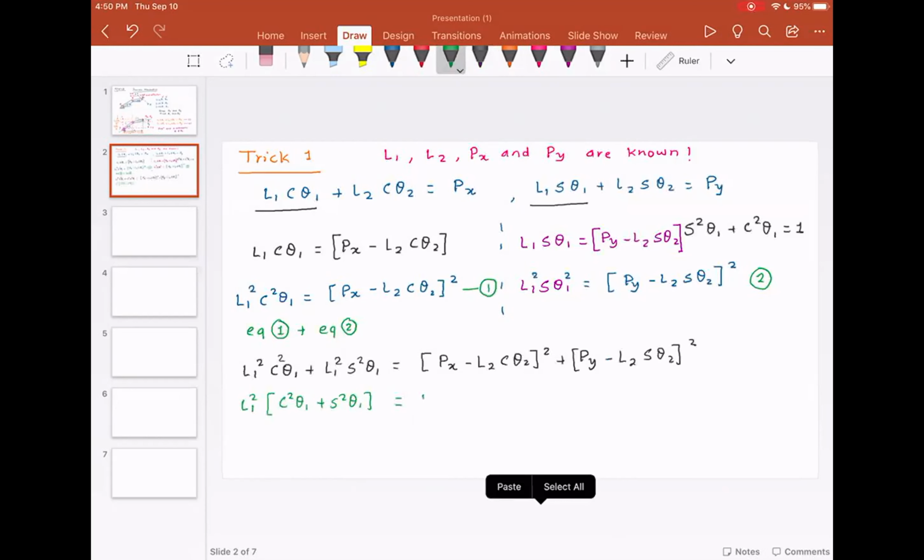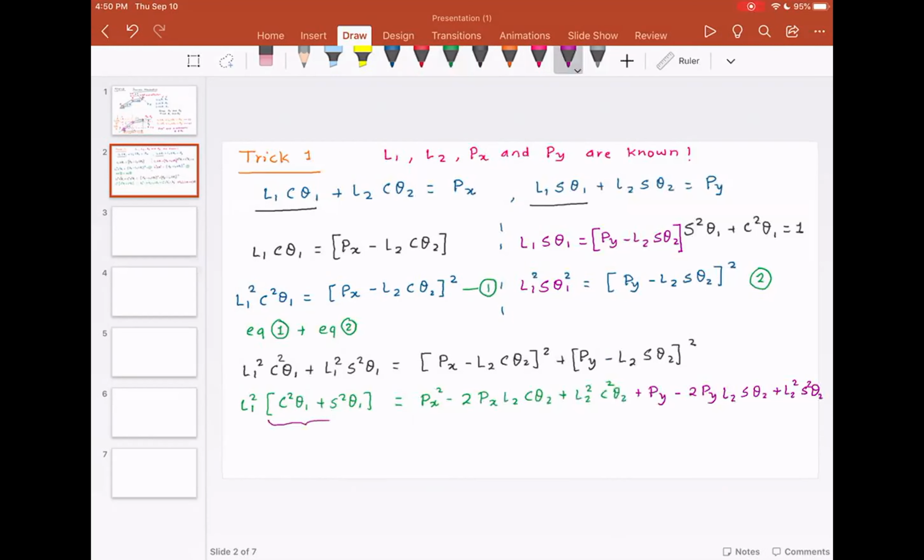So it's going to be Px square minus 2 times Px L2 cosine theta 2 plus L2 square cosine square theta 2, plus Py square minus 2 Py L2 sine theta 2 plus L2 square sine square theta 2.